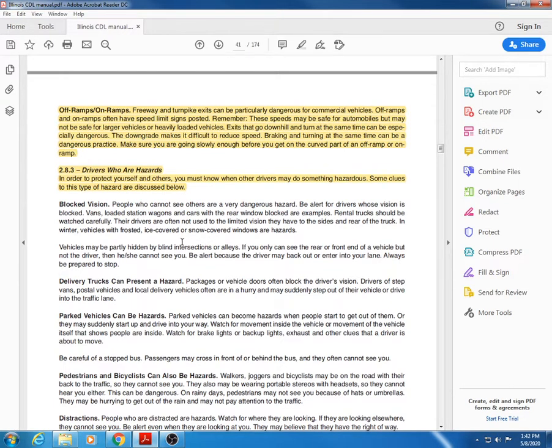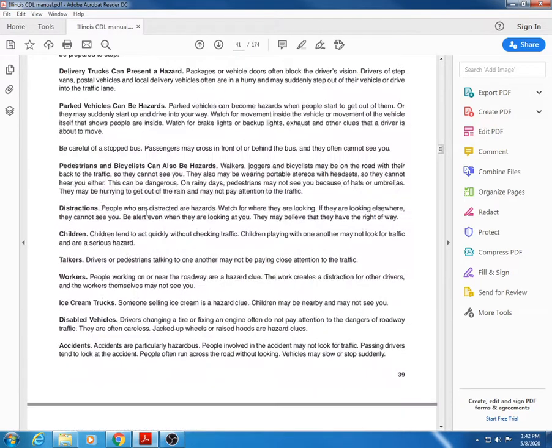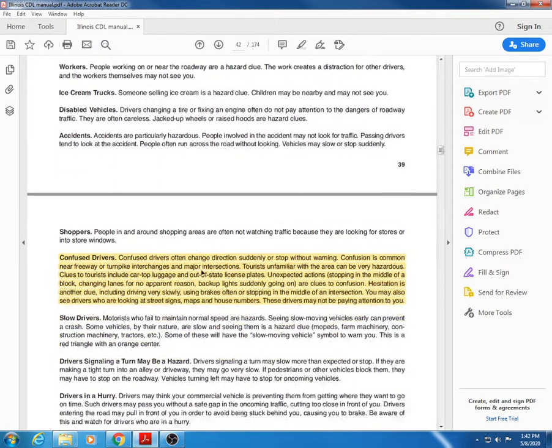That's a hazard. But you've also got weather that causes the same thing. Vehicles that are frosted, snow-covered, things like that. Delivery trucks can present a hazard. You never know when a delivery truck is going to pull off the side of the road. Parked vehicles, so on and so forth. All of this stuff down through here. Read through it. Familiarize yourself with it.